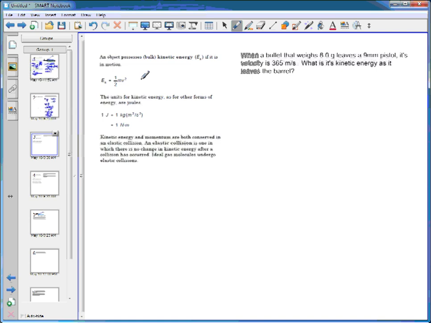Yeah, the units work out. In an elastic collision, kinetic energy is conserved. That's a very important fact, and we'll get into that in some later questions. It is very important to note that in an elastic collision, all kinetic energy is maintained.